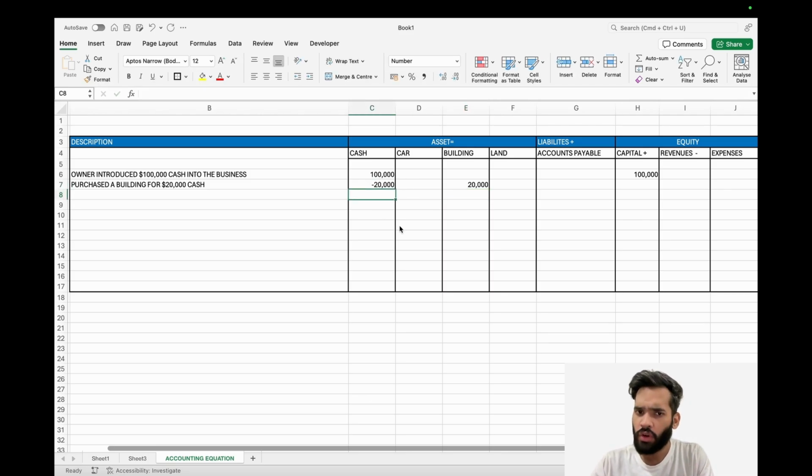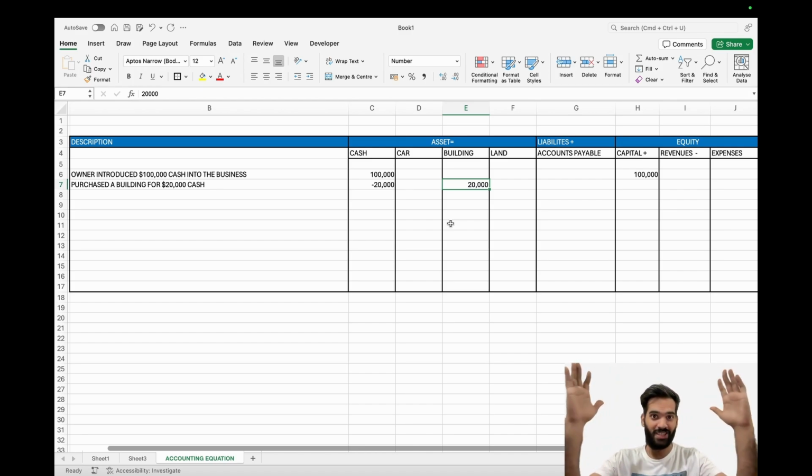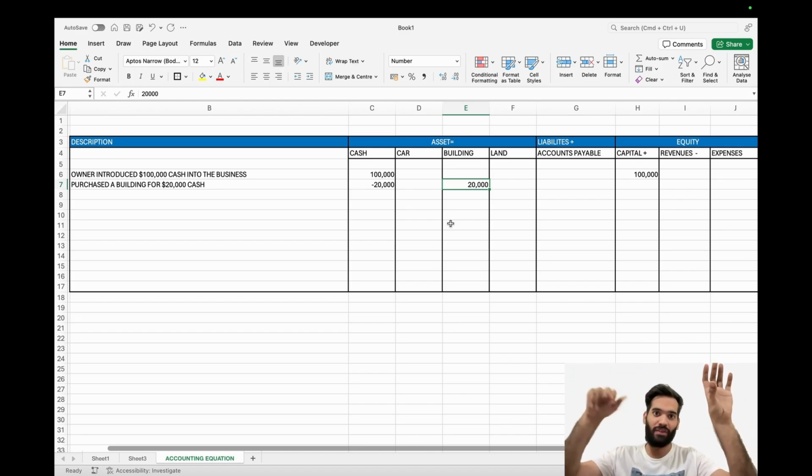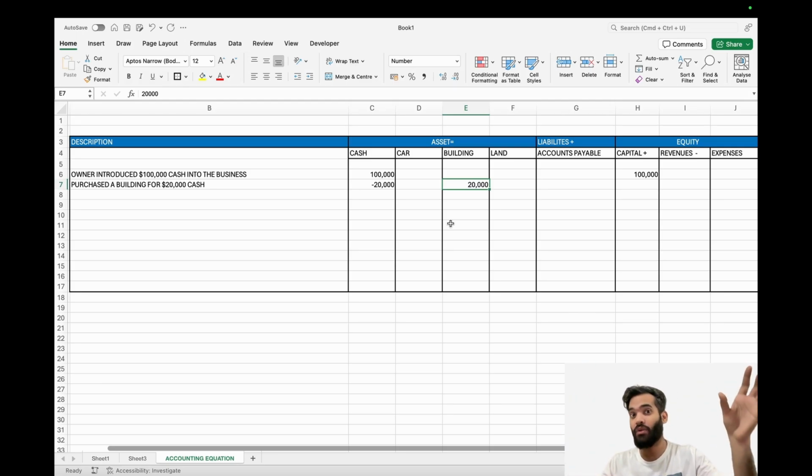And you also notice there are always two accounts affected. This is always true. It is not possible for a transaction to affect only one account, because we have this accounting equation: assets are equal to liabilities plus equity. So if it affects one account, it has to affect another account to balance the accounting equation.